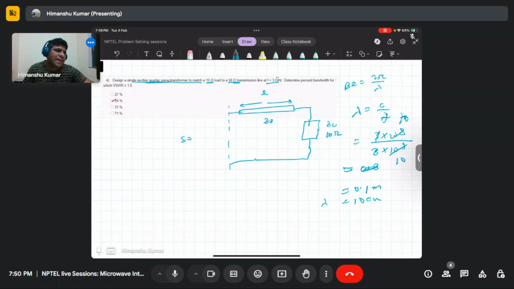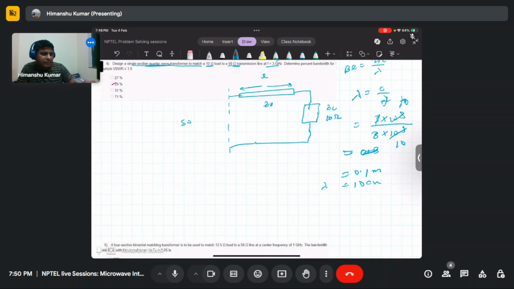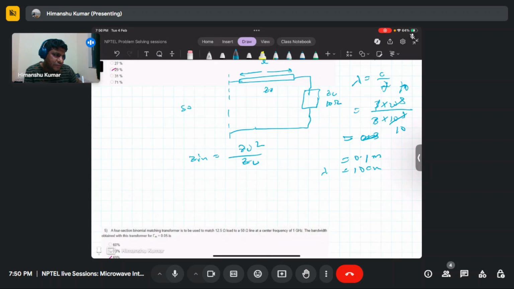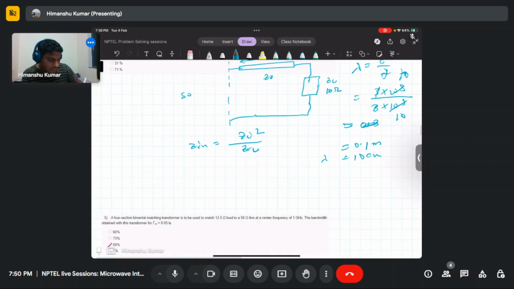So this is the quarter wave transformer line, and your input impedance Zin is given as Z naught square divided by ZL, which is 50 divided by 10 ohm.